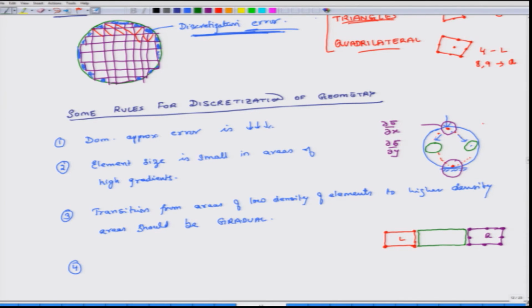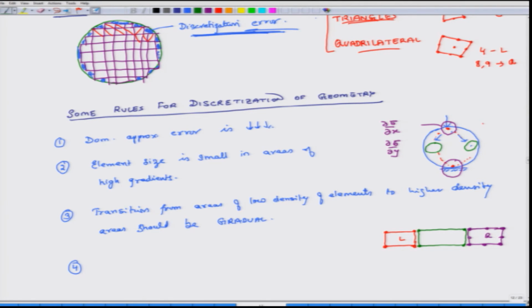Now, the question is, see, the linear element has 2 nodes at the common interface between green and red. The quadratic element has 3 nodes. If I use a linear element here, then this will be the situation.